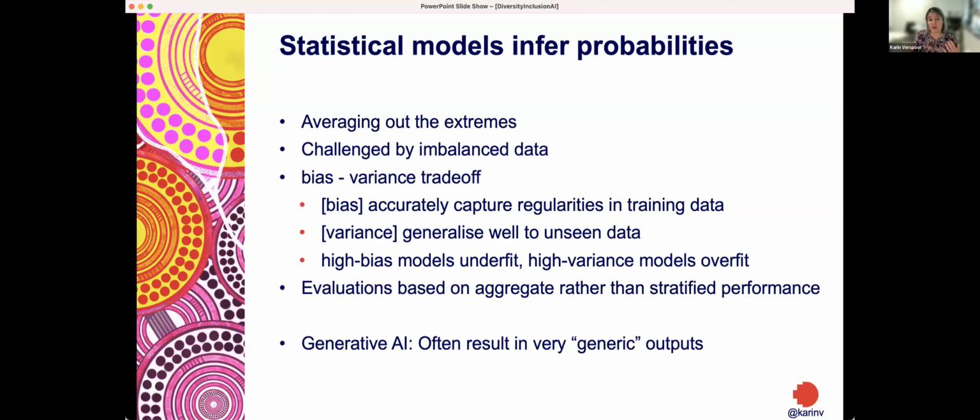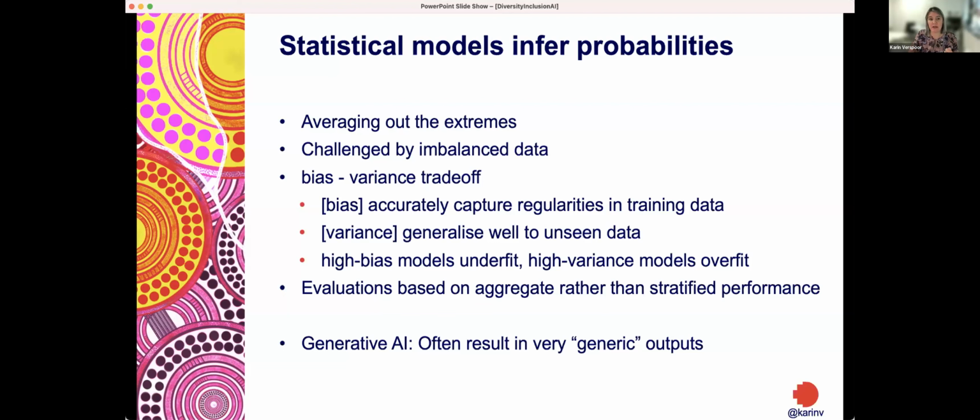And we have the traditional bias variance trade-off in machine learning models, where we want to accurately capture regularities in the training data on the one hand, but we also want a model that isn't so tied to that training data that it can generalize to unseen data. And so there's this constant tension between underfitting and overfitting a model to our data.